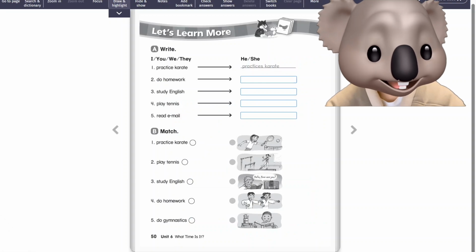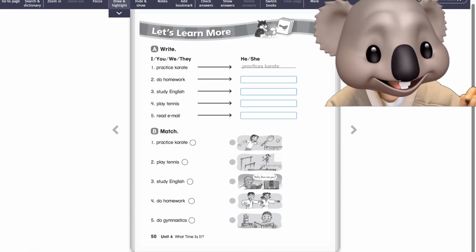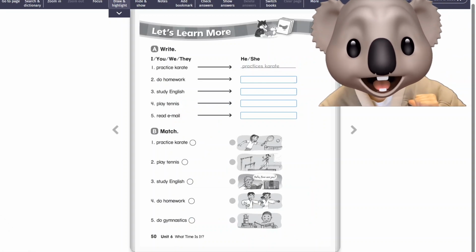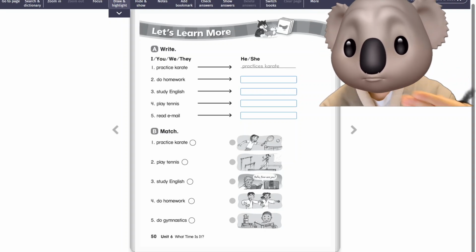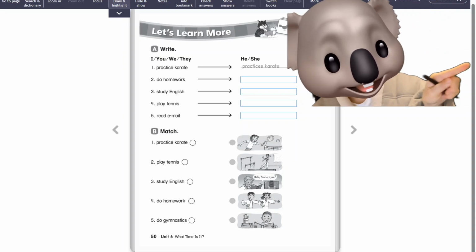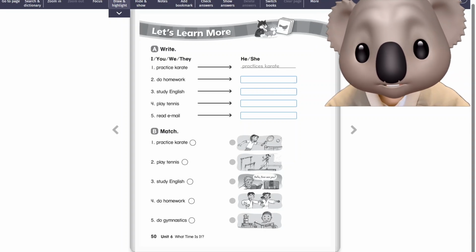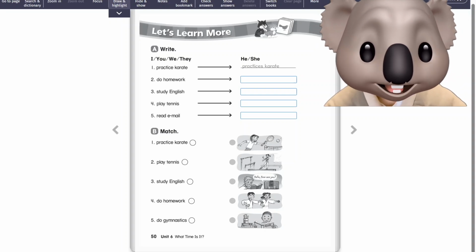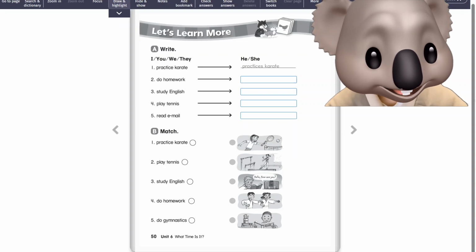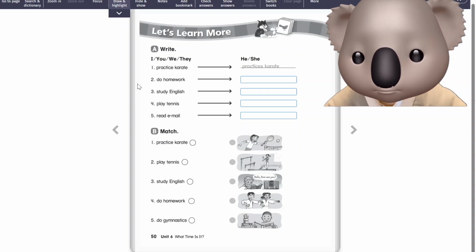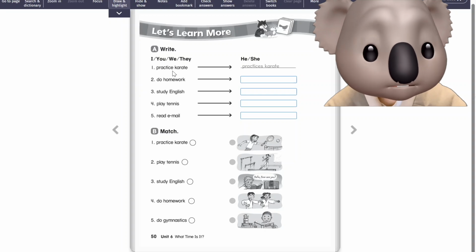On page 50, the directions say to write. Remember, for words like I, you, we, they, we do not add an S. But for words with he or she, you need to add an S. For example, in number 1, you can see the word practice.